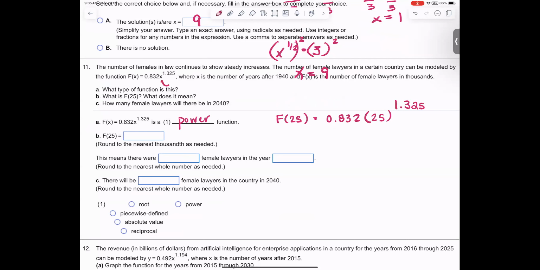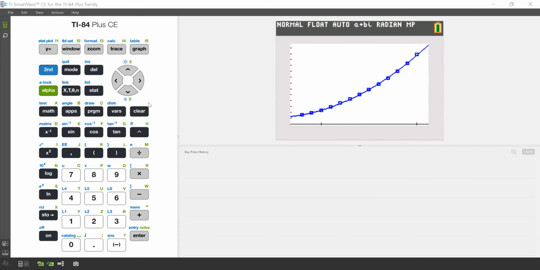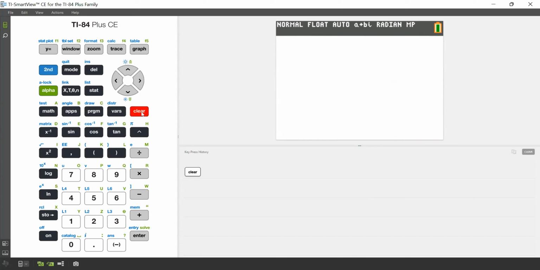So I replaced the x with the number 25 so I could evaluate this function. So I'm going to go open up my calculator. Okay, and I'm going to carry out this calculation.